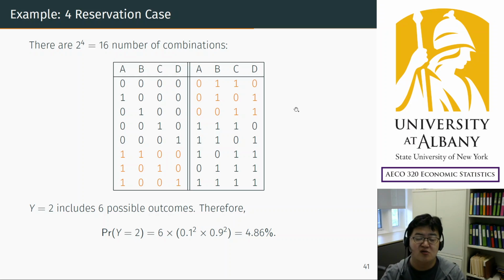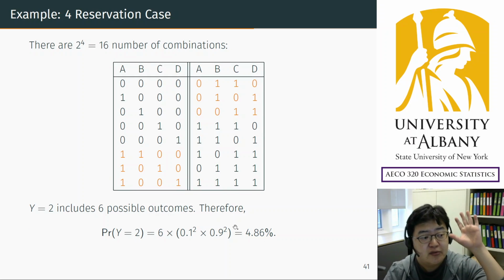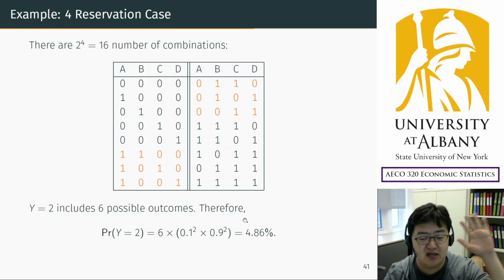I wrote down all 16 cases, even though it's a little inefficient, but it's a safe way to understand what's going on. And there are 6 possible outcomes. That's strange, right? So you have to multiply this probability by 6, and the answer is 4.86%.